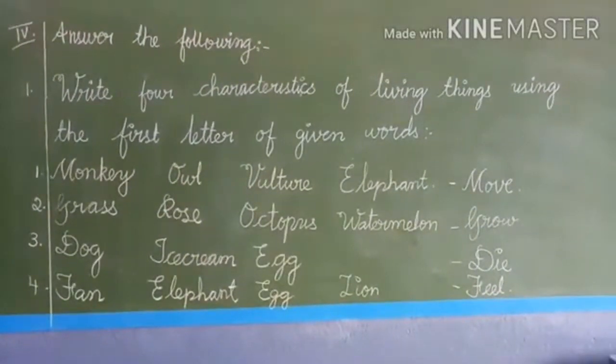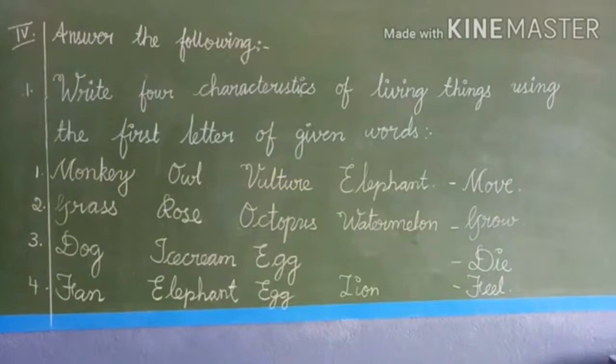I repeat the question, children. Write 4 characteristics of living things using the first letter of given words, which means you have to pick out the first letter of each word.